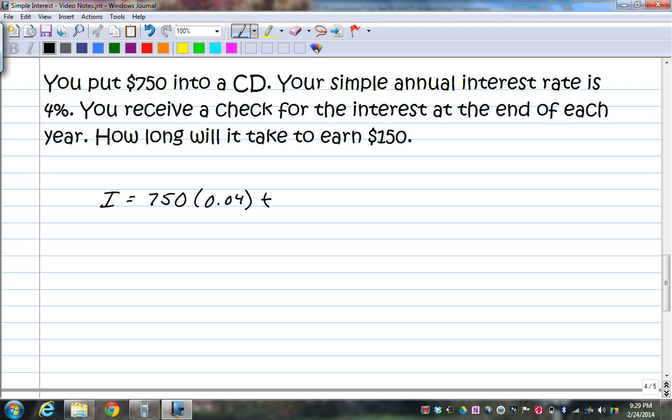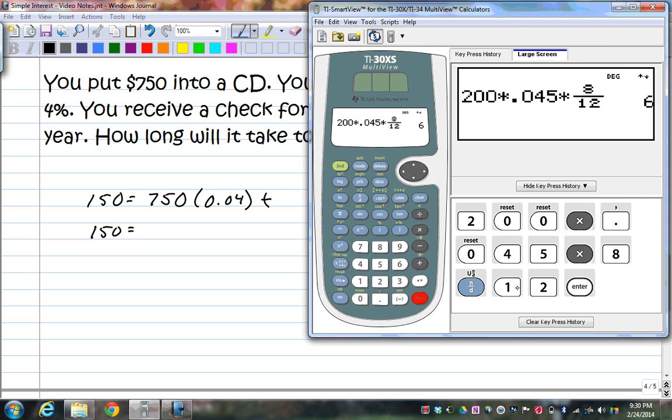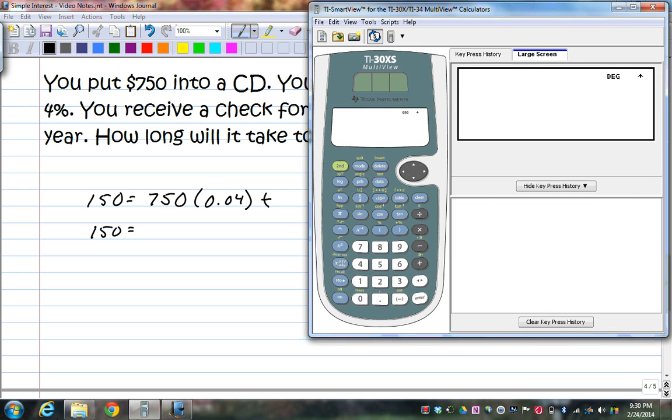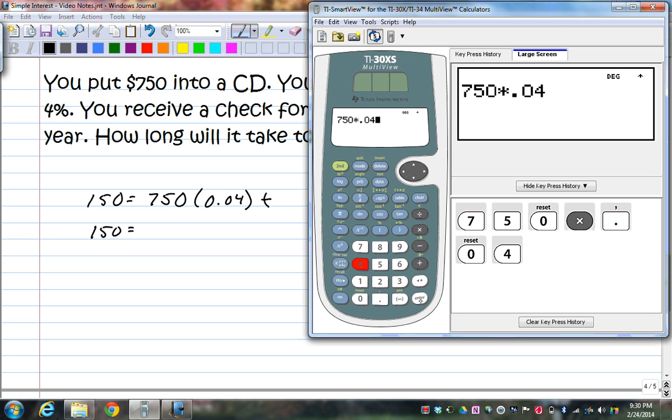Then what you could do is say, all right, well, what I don't know is my time, and that's what I'm trying to figure out. So I could come over here and say, well, the interest that I get for this is $150. And I want to know how long it will take for that. So I'm going to solve for t. I'll take 150 is equal to, let me clear this out, 750 times 0.04, which is equal to 30.